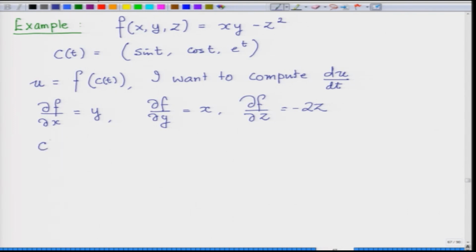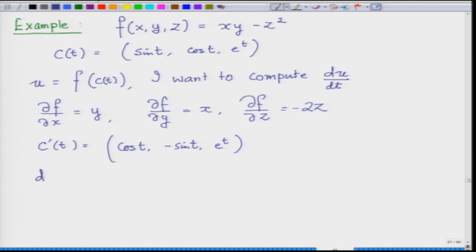Now, c'(t), which you know very well, is cos t, minus sin t and e^t, just taking the derivatives. Now I am taking the inner product.